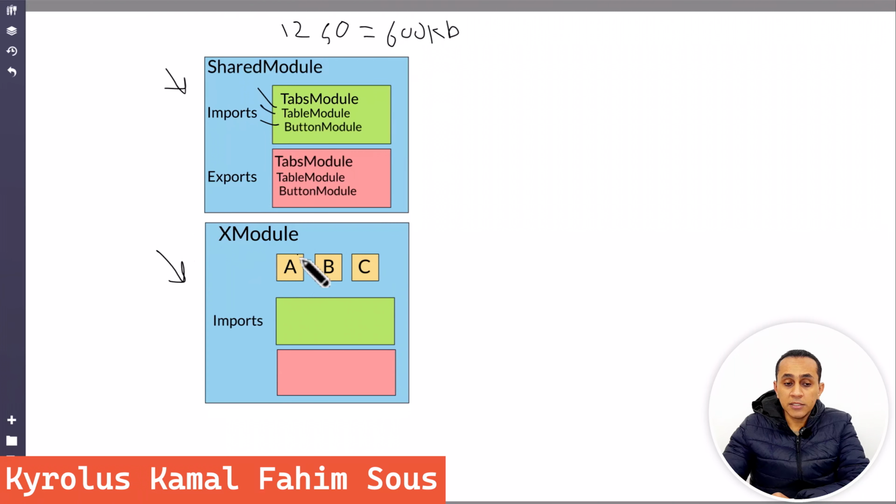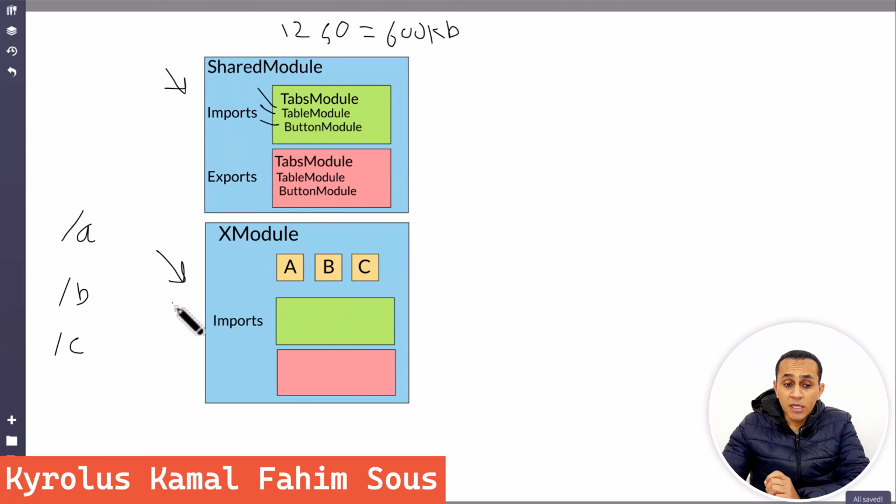Suppose that the A component needs the tabs module, the B component needs the table module, and the C component needs the button module. Also suppose that each one of them is responsible for showing a page. For example, we have a page with the URL /A, another page /B, and another page /C.